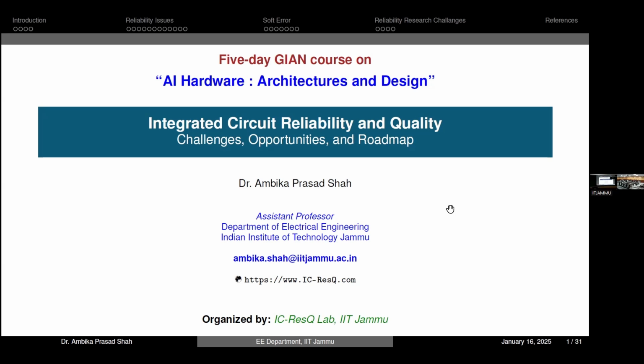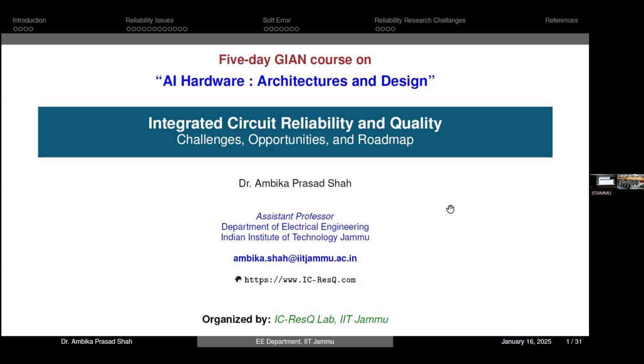At the end, I will also explain, if you are interested in doing research in reliability, what the scope is and the near-term and long-term research plans, starting from devices to systems or architecture. The impact of any reliability issue is different at each abstraction level, so we'll discuss all those things. I have 31 slides, so I need to finish in 1.5 hours.